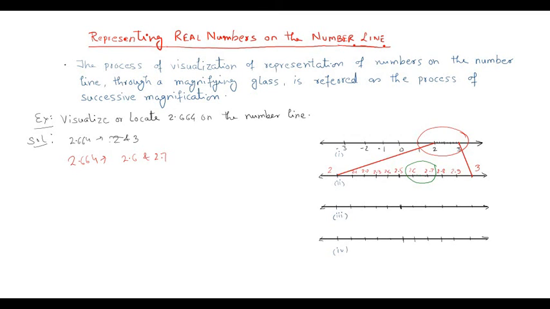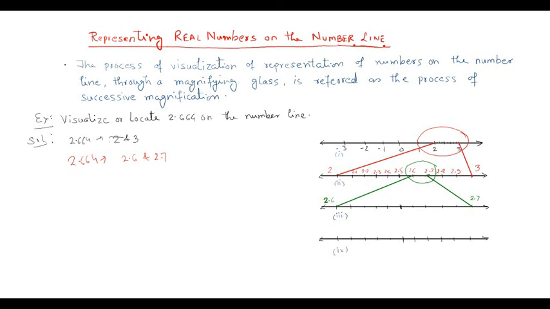It will look like this. This end is 2.7, and we have divided it into 10 equal parts.